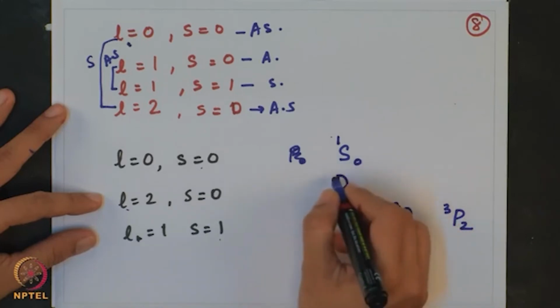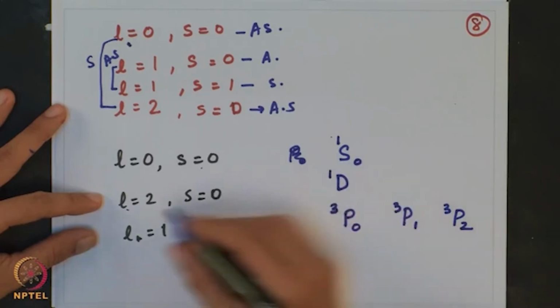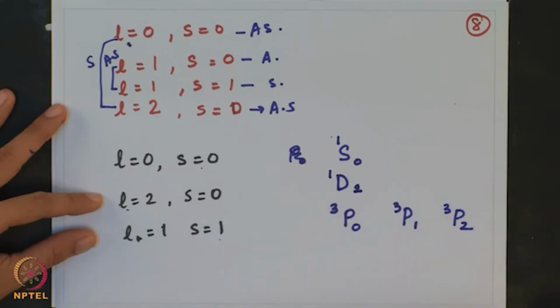So, here you will have S is 0, 1 and here you will have 2, J is equal to 2.